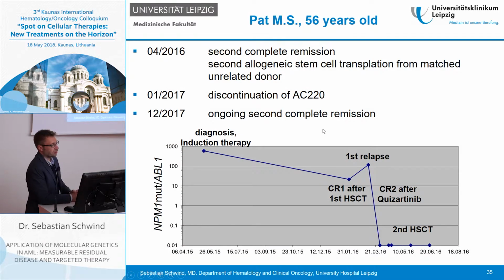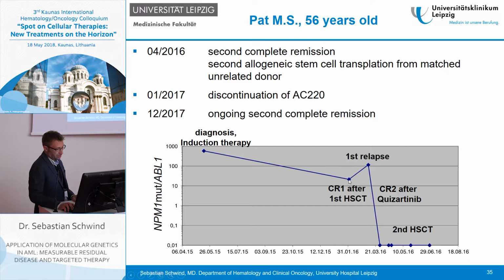So with this drug, we got her into a second complete remission. She received a second allogeneic stem cell transplantation from a matched unrelated donor. And in January last year, we could discontinue quizartinib, and she's still in ongoing complete remission. And as another example, I have the NPM1 mutation burden down here. As you can see, she never got negative for NPM1.